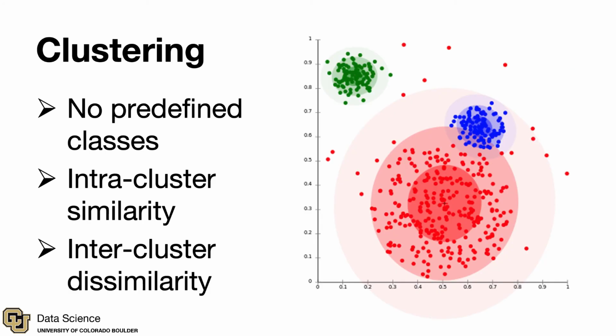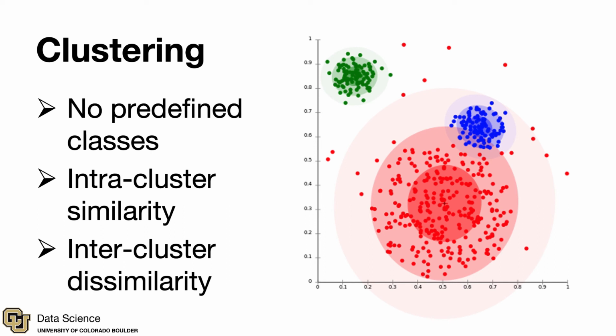Another thing related to classification and prediction, which is also very useful in many data mining scenarios, is clustering. As the name suggests, we're trying to find clusters. But the key difference between clustering and classification is that here we don't have any predefined class labels. I don't know how many classes I have, or what each class looks like.